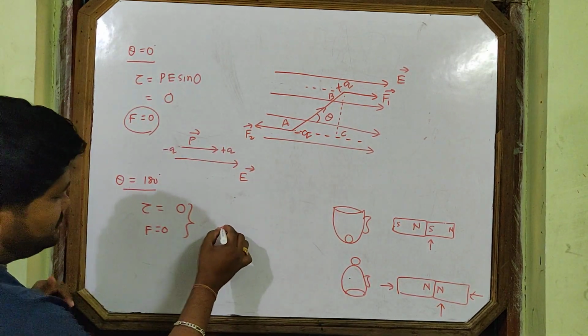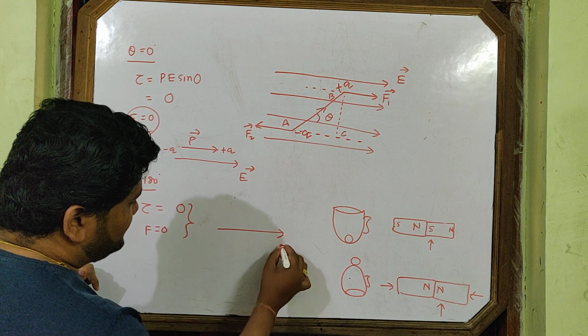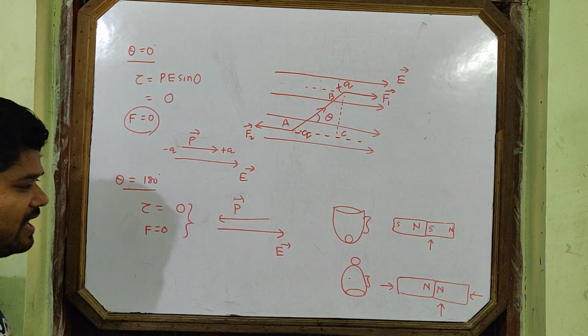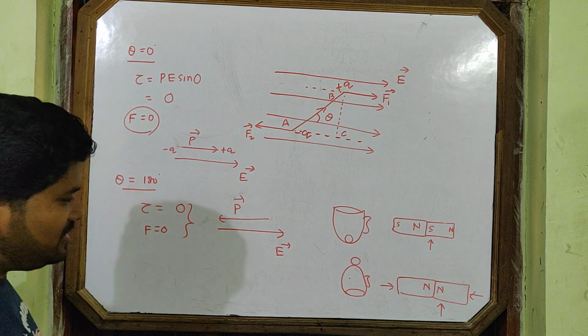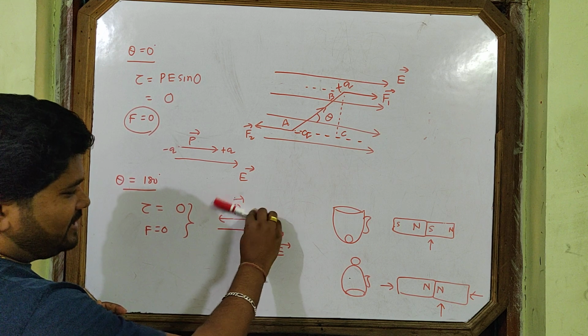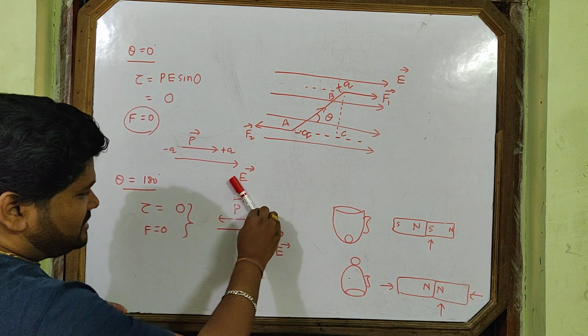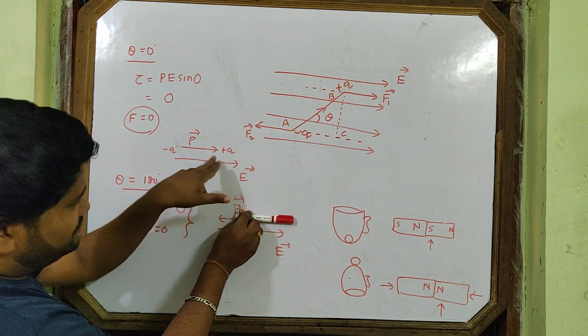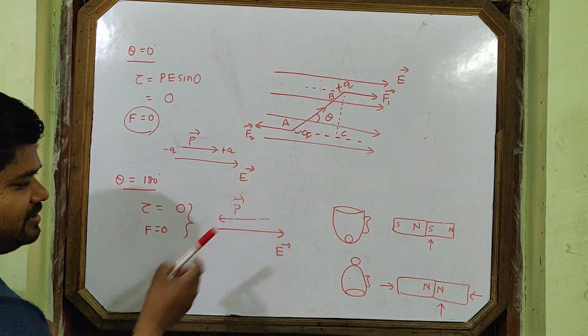The same situation happens here. This is the electric field. The dipole is like this, anti-parallel. What will happen if this dipole is disturbed like this? Will it return back? No. If it is disturbed in this direction, the dipole will rotate and come back to this position.